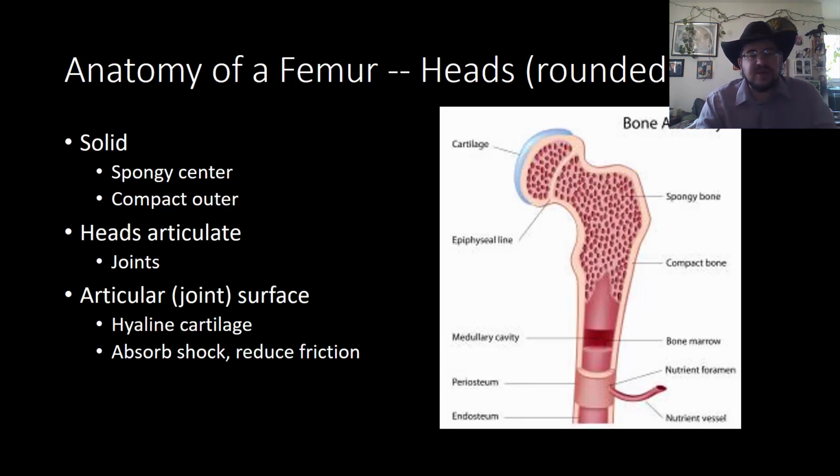So the articular or joint surface is lined with hyaline cartilage. If you'll recall, hyaline cartilage is made up almost entirely of collagen, creating this incredibly smooth layer. And that extremely smooth hyaline cartilage is there to absorb shock and reduce friction when those bones are moving in the joint. Because if you didn't have that protective cartilage there, the bones would grind against each other.